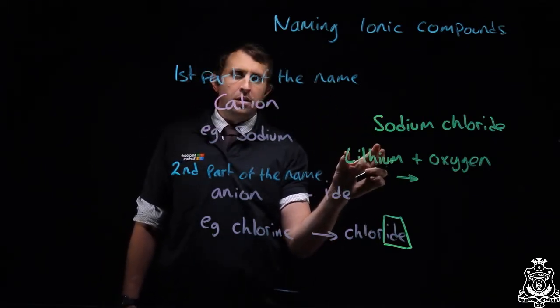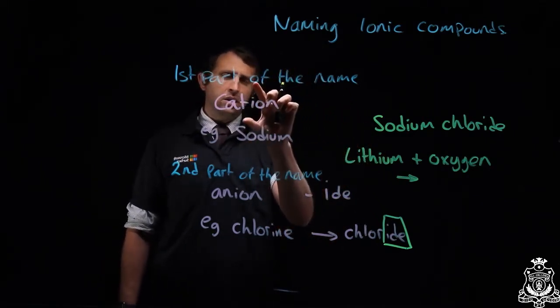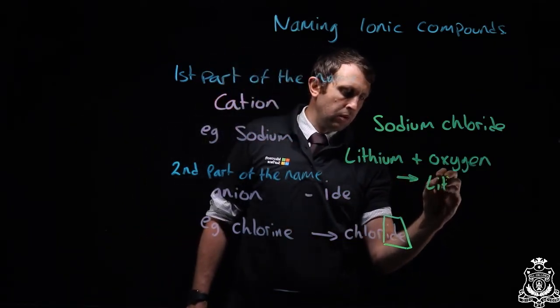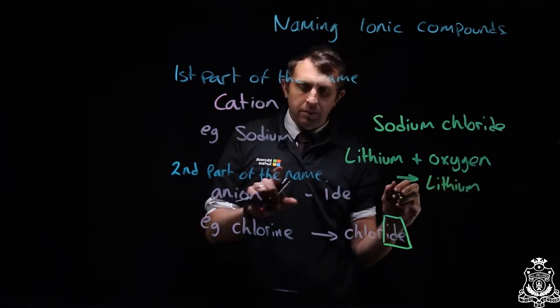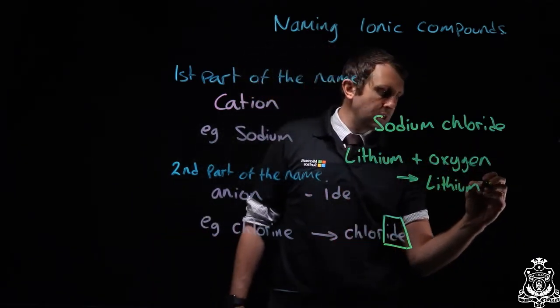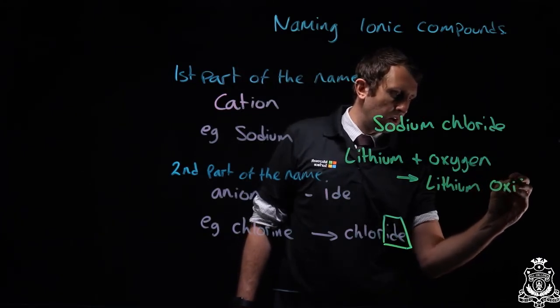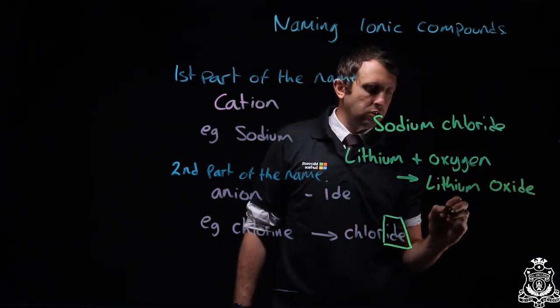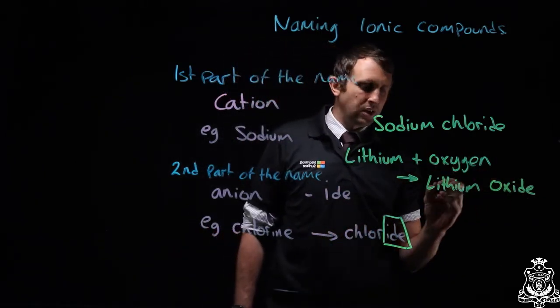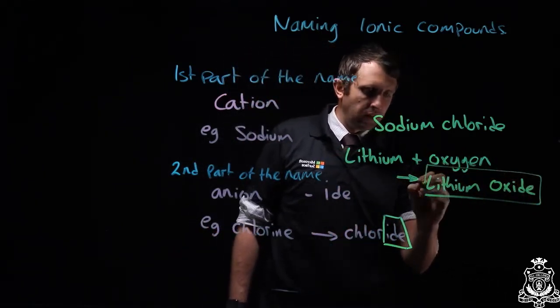Lithium is our metal, so the cation forms a positive ion, so the first part of our name is lithium. The second part of our name is the anion, which is oxygen, but we add IDE onto the end, so it becomes oxide, lithium oxide. Oxygenide doesn't sound right, so lithium oxide is the correct way of doing that.